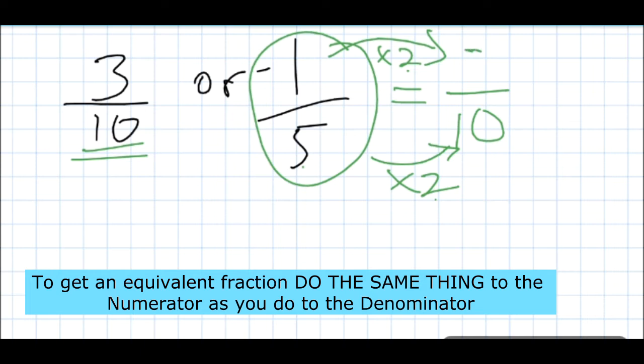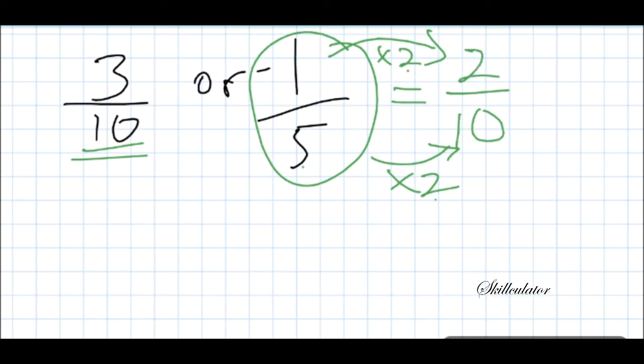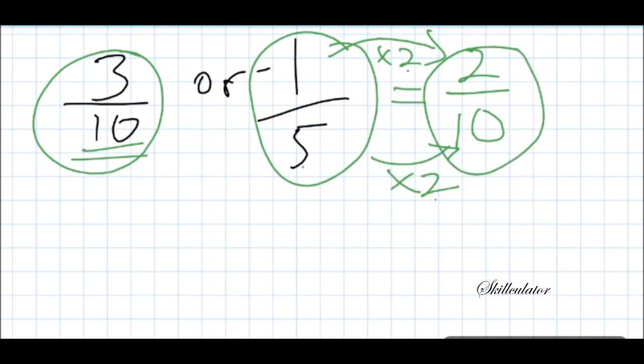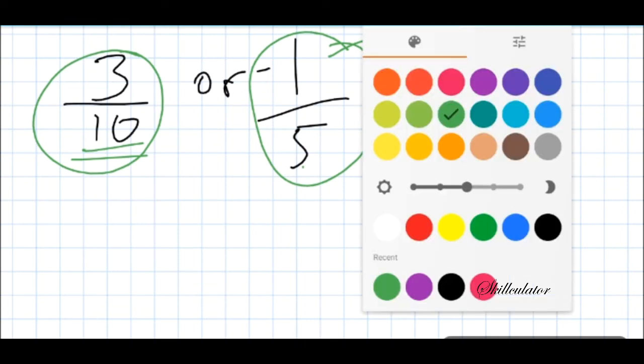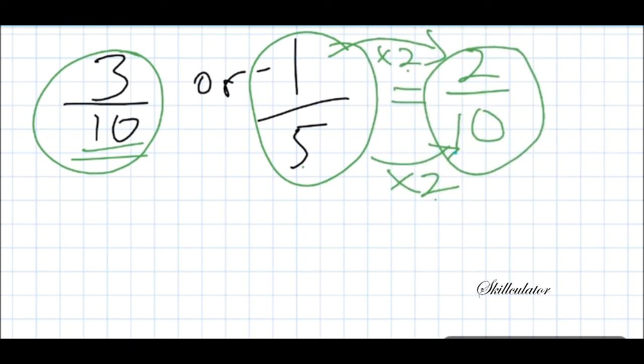1 times 2 is 2. Equivalent fraction of 1 over 5 is 2 over 10. So when you are now comparing the 3 over 10 with the 2 over 10, can you see which one is the bigger one? Once the denominators are the same, you are then comparing the numerators on top to find which one is the bigger number.